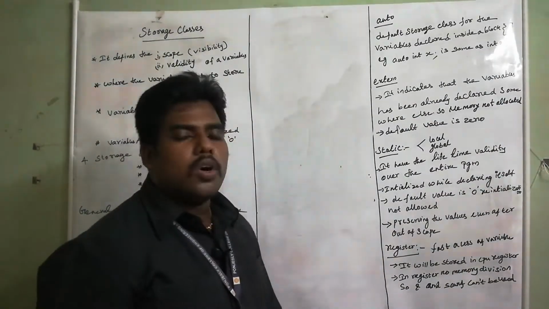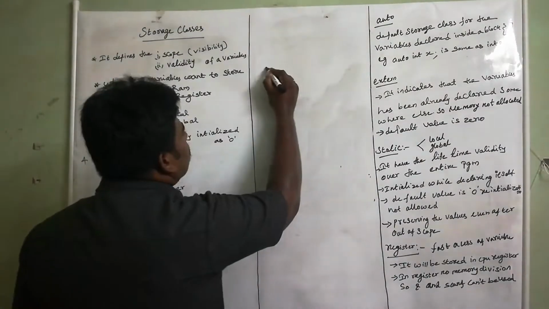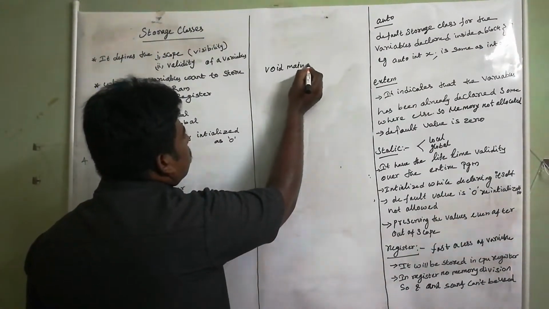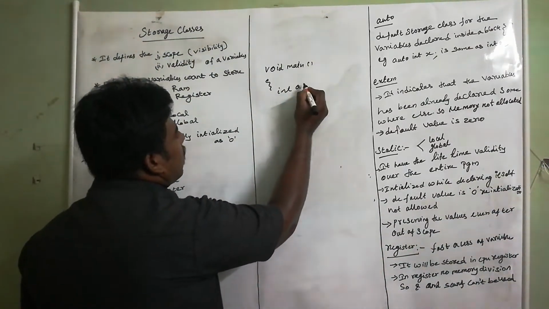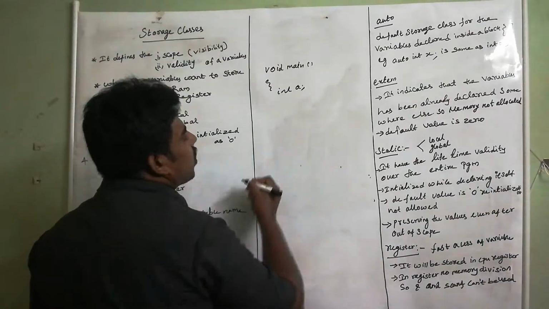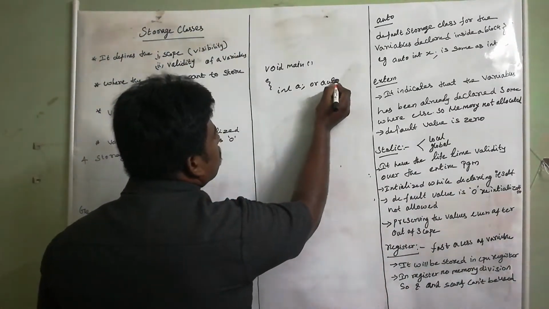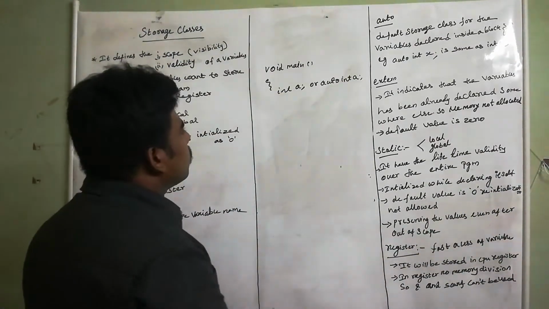Okay, so we can see one example with auto. First void main. Int a, or you can write auto int a. Both are the same.